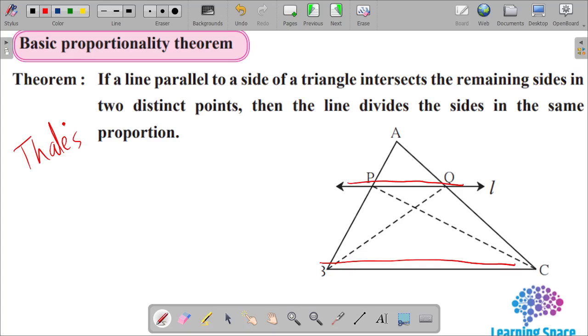Suppose AP is X, BP is Y, AQ is A and QC is B. So by basic proportionality theorem we can say X by Y equals A by B.